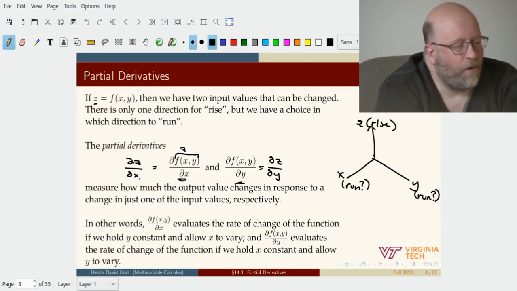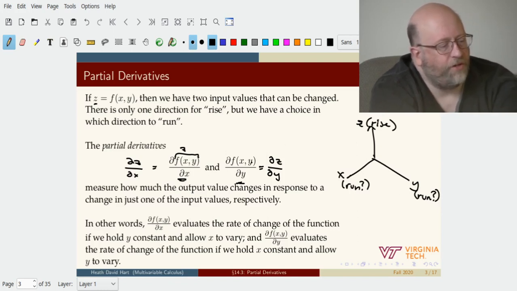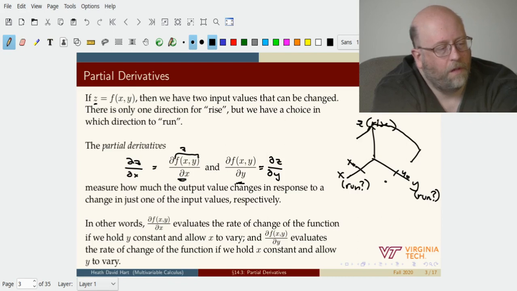This one evaluates the rate of change of the function. If we allow x to vary, this is the one that measures the rate of change in the function if we hold x constant and allow y to vary. So if I have some point, say x naught, y naught, and I have some surface, and this is kind of what the surface looks like.